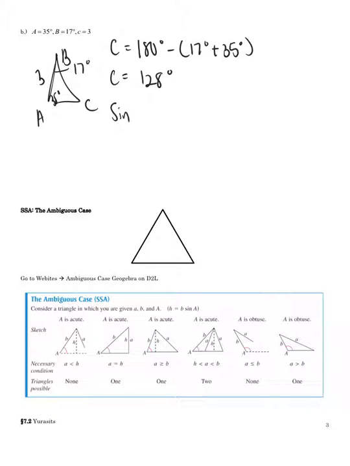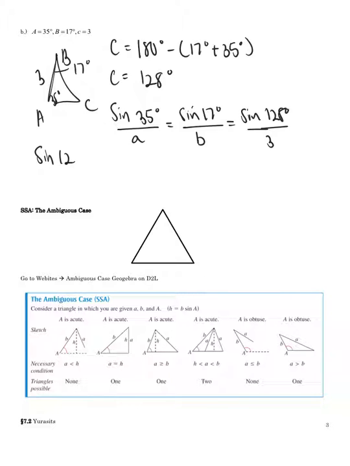So set up your proportions. Sine of 35 degrees over little a equals sine of 17 degrees over little b equals sine of 128 degrees over 3. So there's my full ratio. So I know I can use law of sines. Doesn't matter which one you want to solve for first. I'll do sine of 128 degrees over 3.